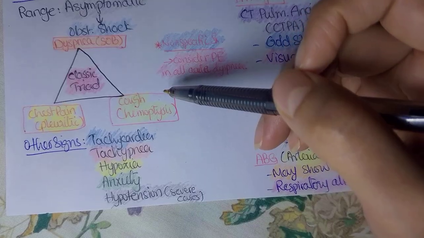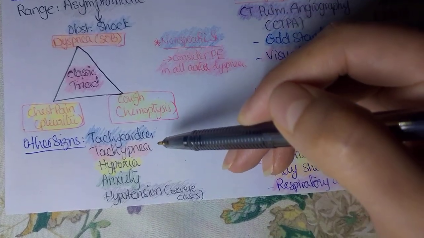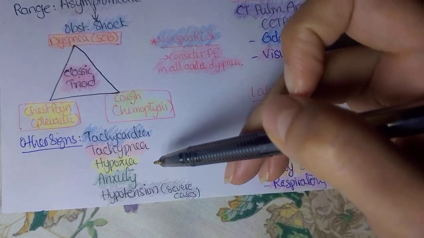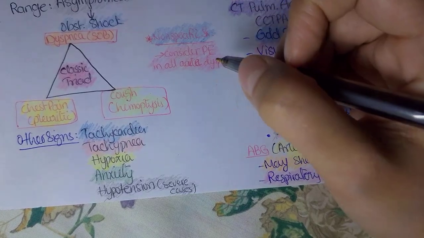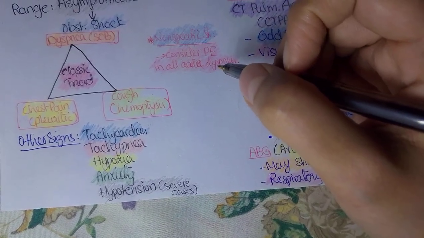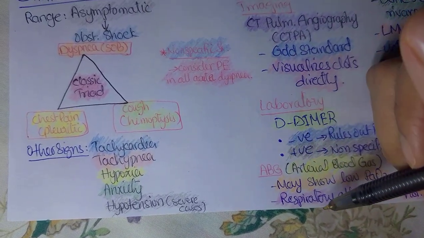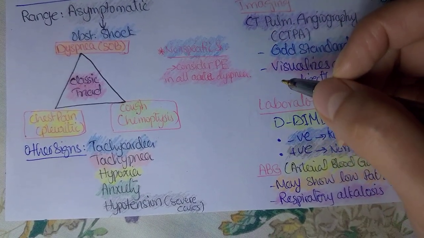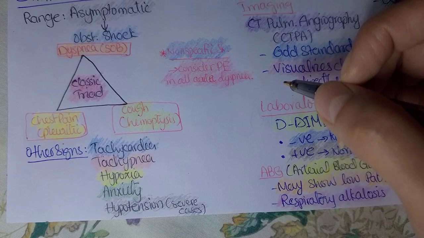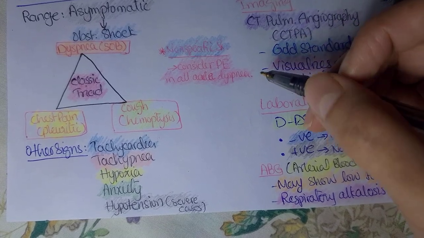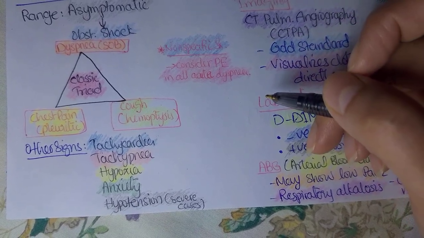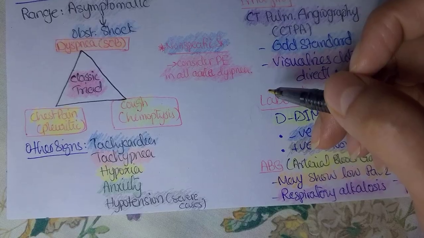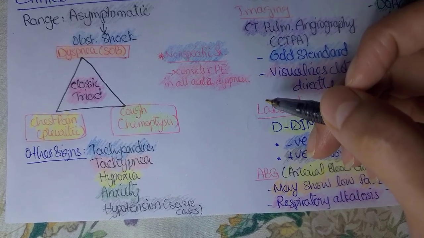Also tachycardia, tachypnea, and hypoxia. And a critical point: symptoms are non-specific. So consider pulmonary embolism in all acute dyspnea patients, especially with risk factors, and maintain high clinical suspicion.